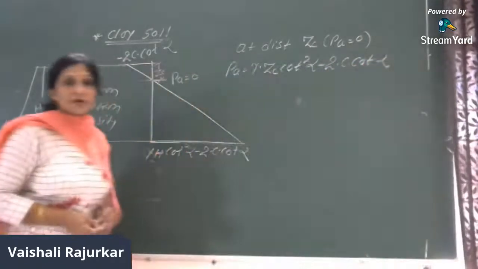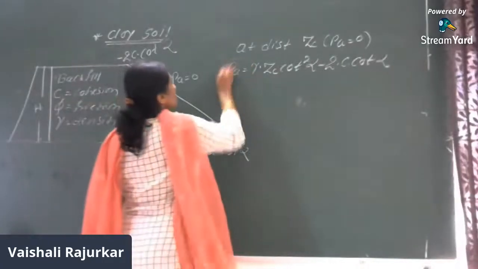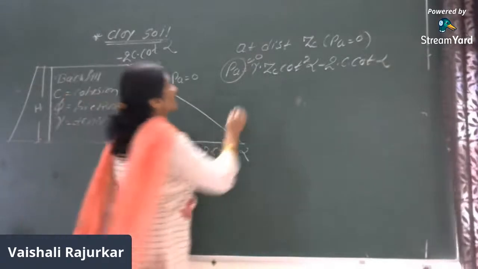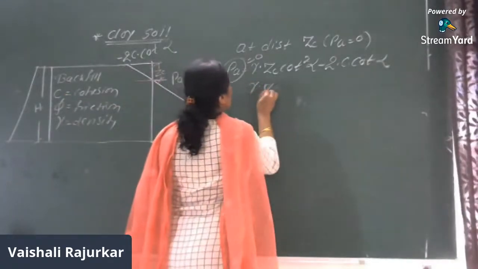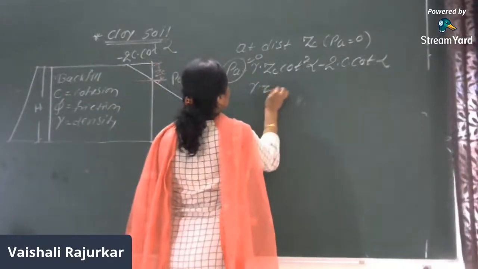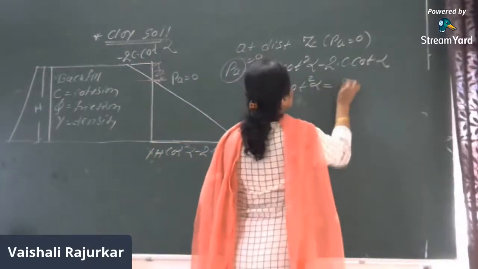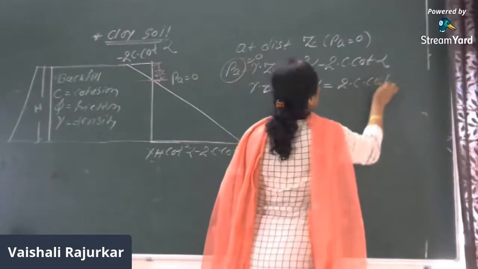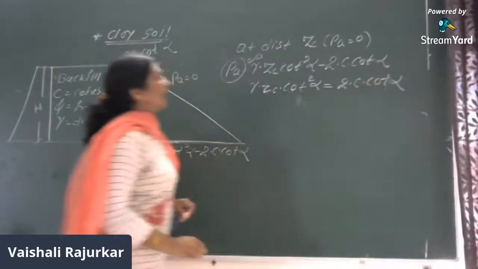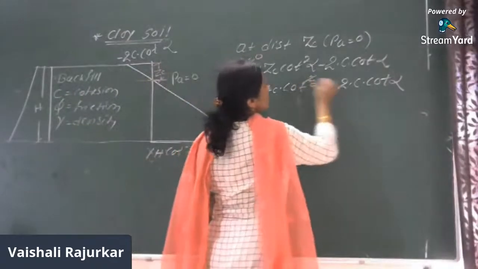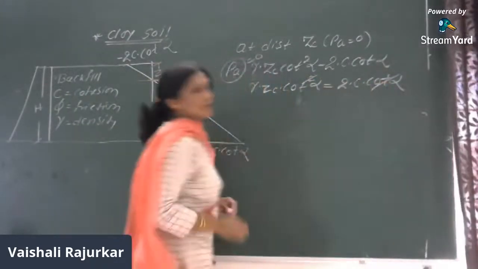This is the equation for PA, and now we assume this PA as 0, so gamma into Z cot square alpha is equal to 2c cot alpha. Now we cancel the cot square alpha and cot alpha.